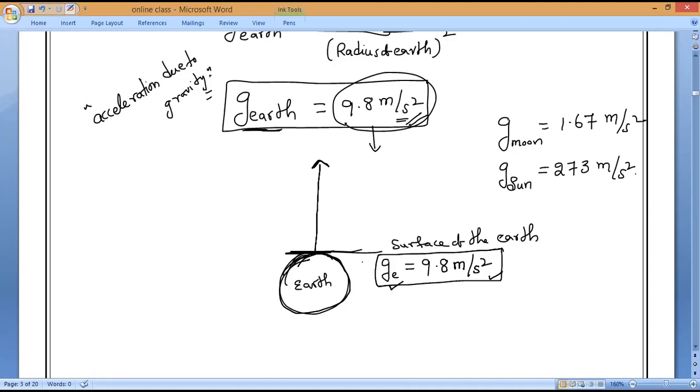Decreases. Remember, always only on the surface of the earth the g value is maximum. Only on the surface of the earth, g value is maximum. Now, when I keep on going up, I already told you maximum. So if I keep going upward, the g value decreases or increases?